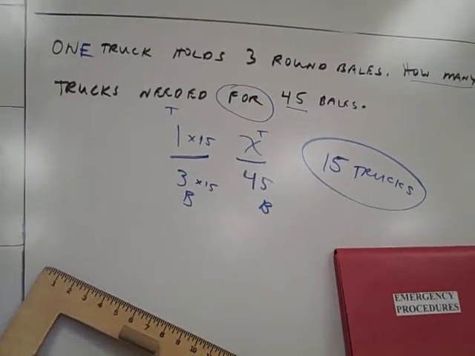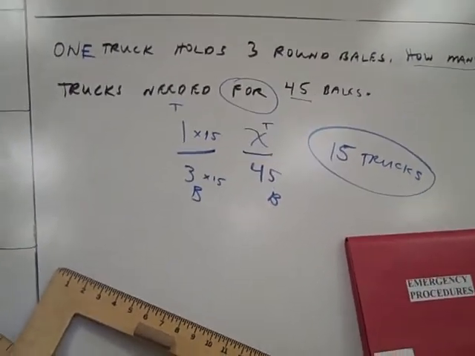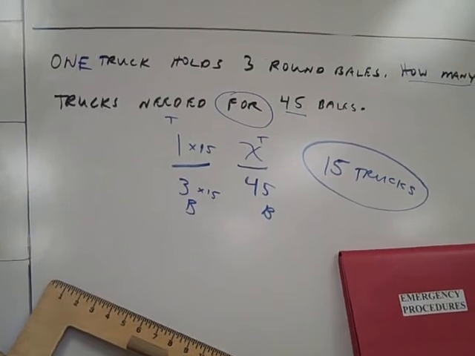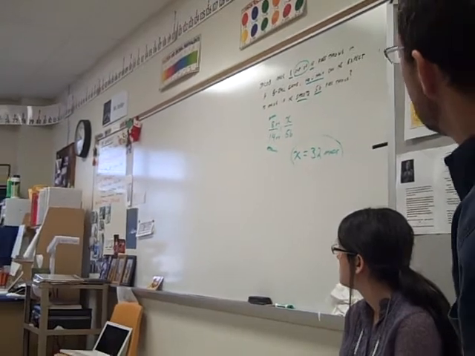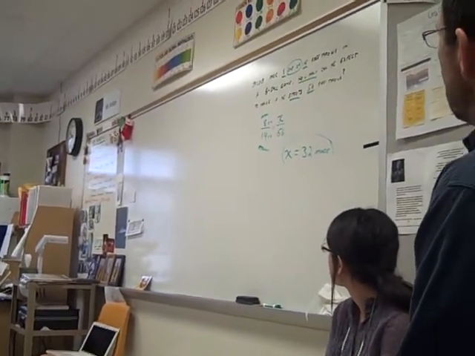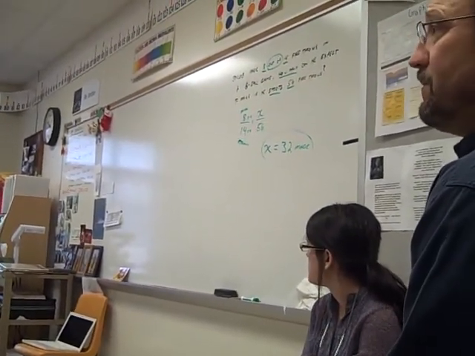Do you recognize proportions in stories? It's already worked for us. I didn't erase it. Jacob made 8 out of 14 free throws in a basketball game. How many can he expect to make if he shoots 56 free throws? You see what I did?